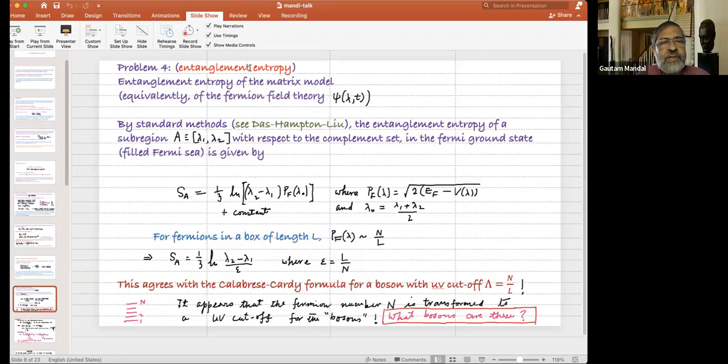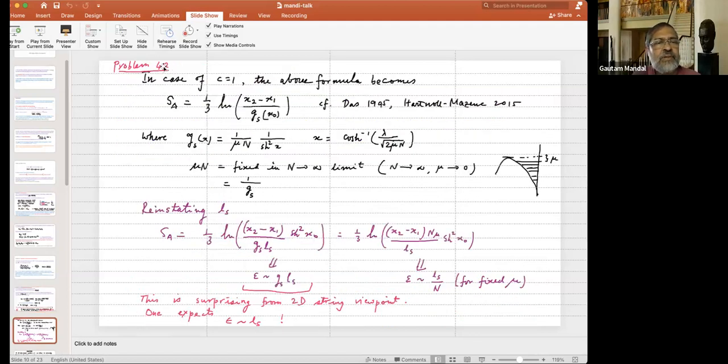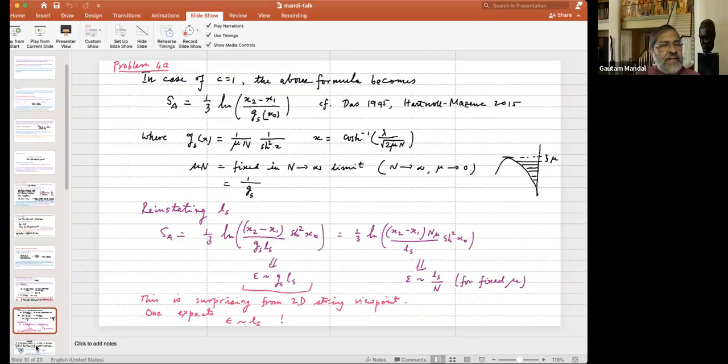And problem 4 is that the entanglement entropy seems to suggest that the bosonic theory, whatever the dual bosonic theory is, has a UV cutoff going as N. That is the first surprise, and applied to the context of c equal to 1, which I have called problem 4a, it says that the lattice cutoff seems to be GsLs rather than Ls.